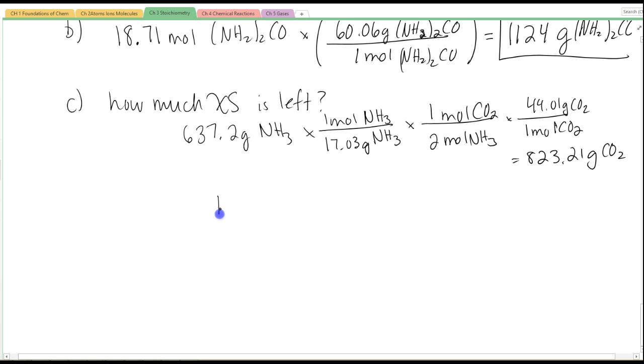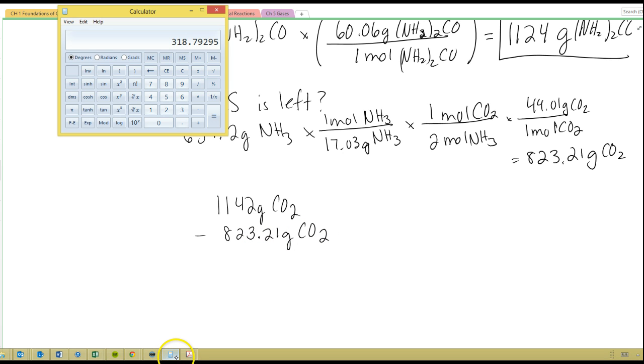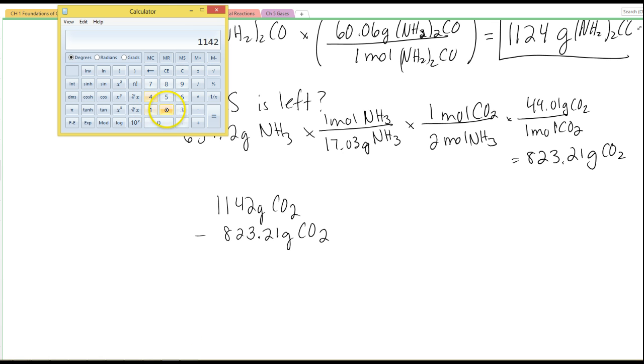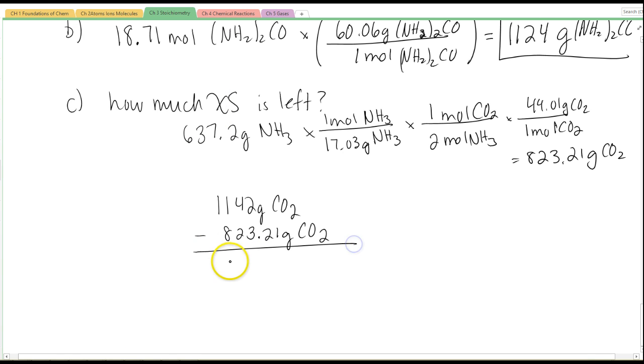So then I take my original amount, 1,142 grams of carbon dioxide, which is what I originally had, and I subtract the 823.21 grams of carbon dioxide. So I have 1,142 minus 823.21, and that gives me a remaining excess of 318.6 grams carbon dioxide. Same answer I got with the BCA table, but that answers those questions.